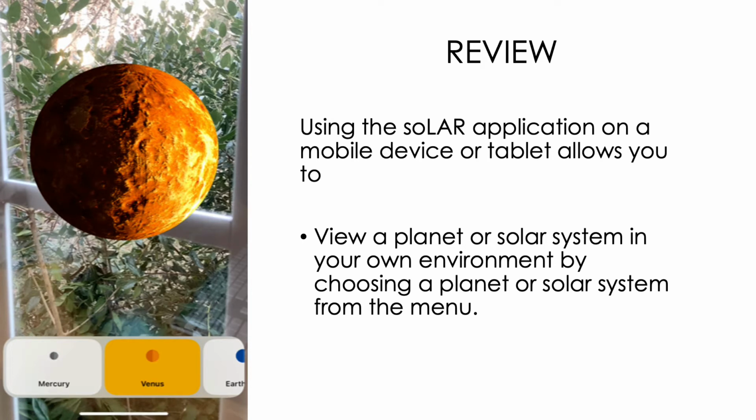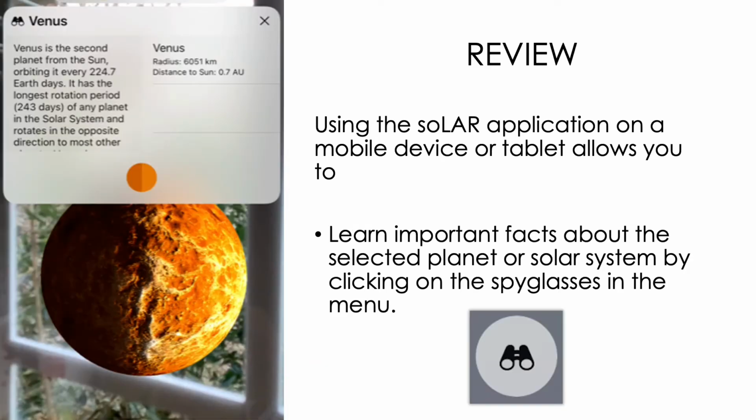In review, using the solar application on a mobile device or tablet allows you to view a planet or solar system in your own environment by choosing a planet or solar system from the menu. It also allows you to learn important facts about the selected planet or solar system by clicking on the Spyglass in the menu.